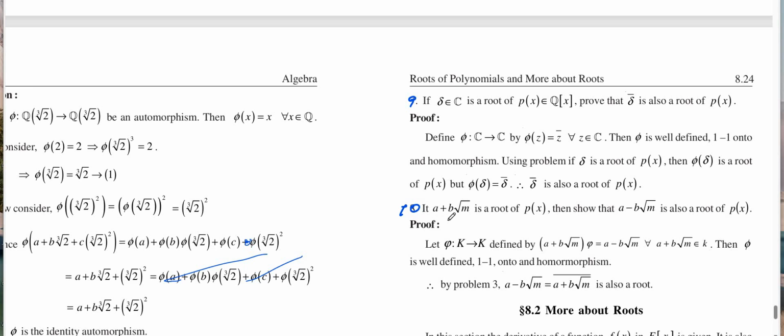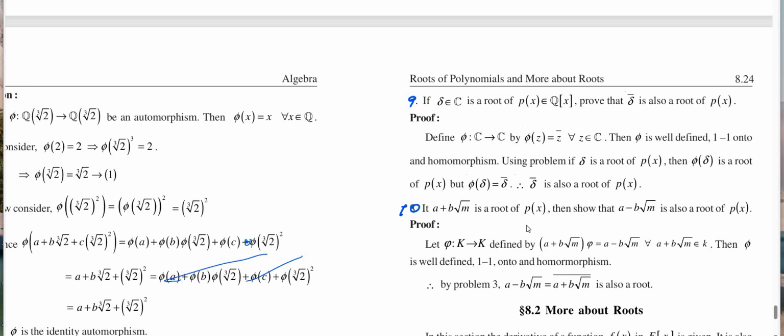And then the next one: if a plus b root m is a root of p of x, then a minus b root m is also a root of this. So here you consider phi from K to K defined in this way. Then phi is well defined. What is that K?